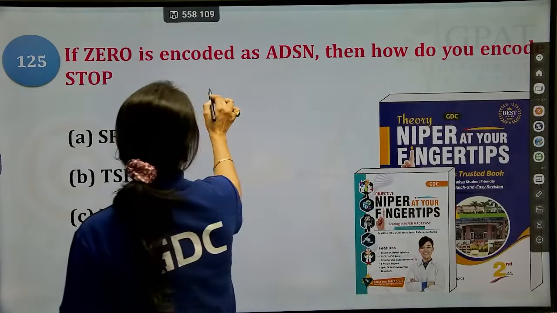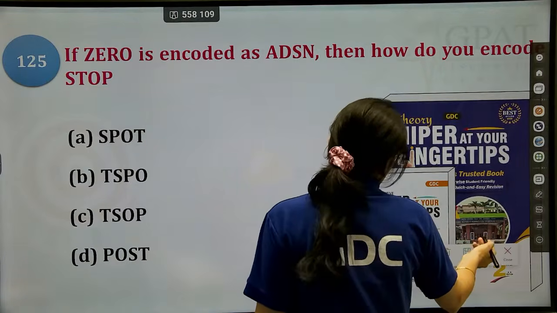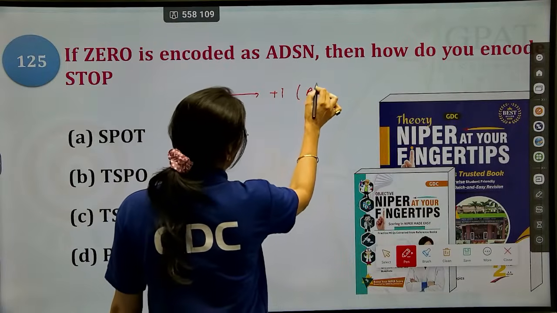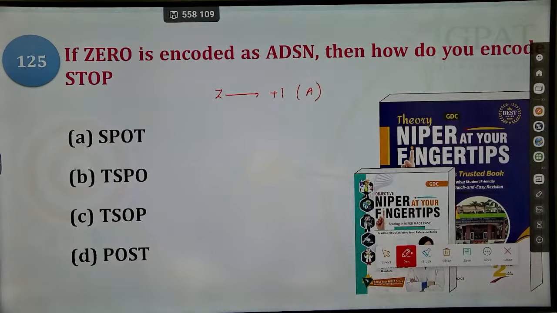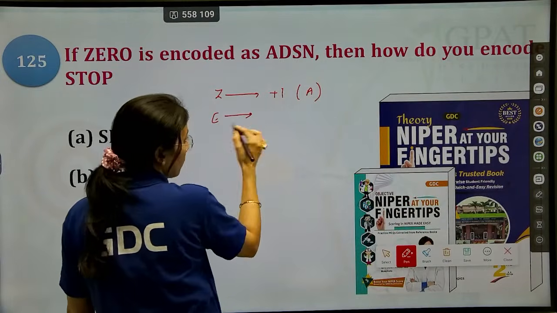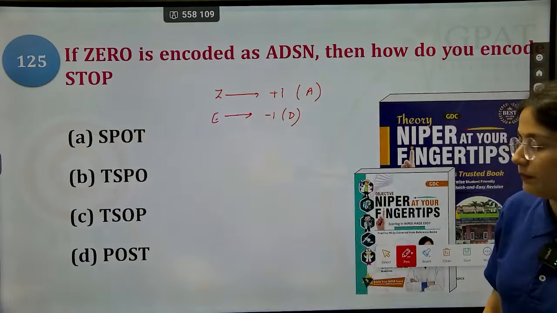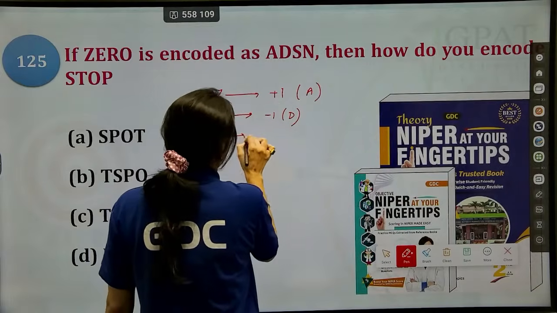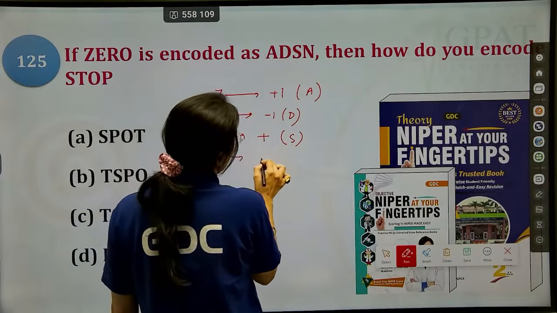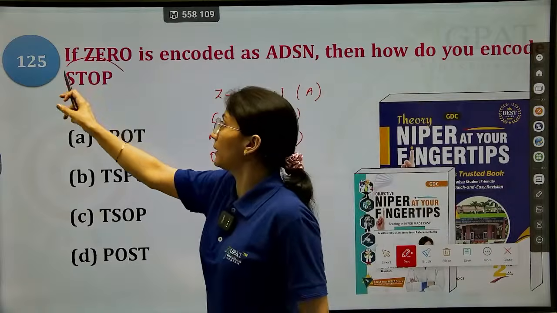So Z, one step forward we will get A. Then E, if we go backward one step we will get D. Again P, if we move forward we will get S. Again O, we will move backward, we will get N. Similarly we can do with this code, that is STOP.